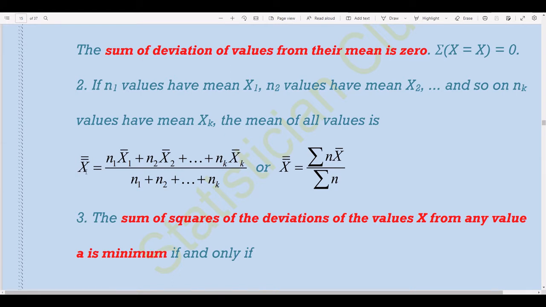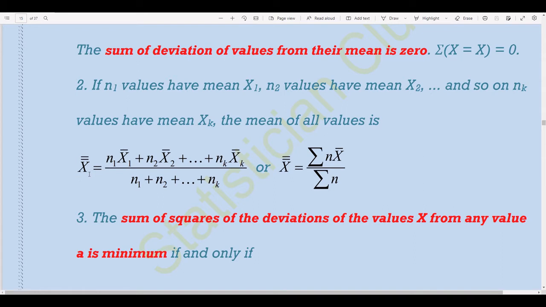We subscript here c, x bar c or x double bar. You can choose according to your choice. X double bar is also the representation of combined mean, or simply x bar with subscript c. This is the subscript here at this position, small letter c.